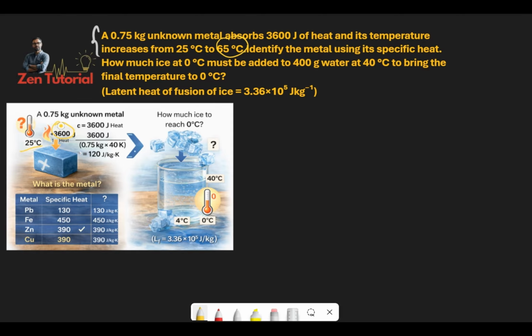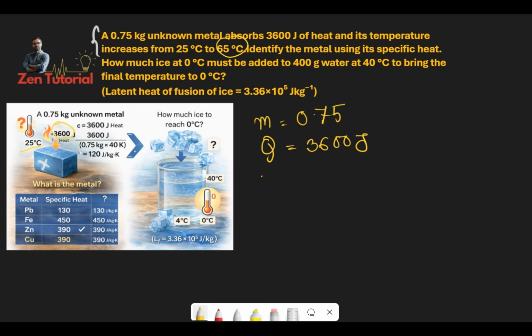So the mass is 0.75 and Q, I mean the absorbed heat, is 3600 joule.